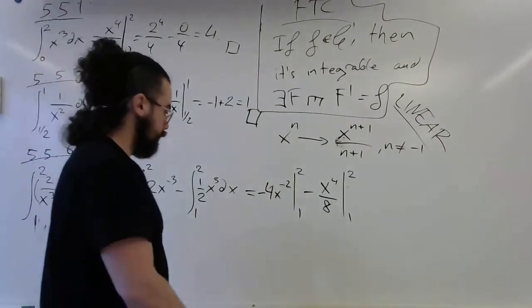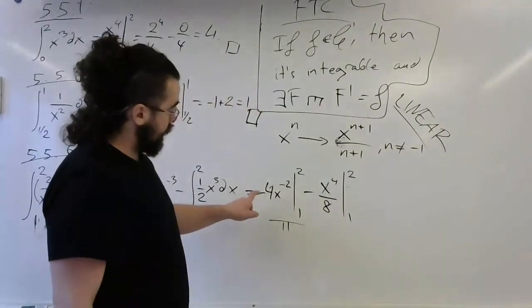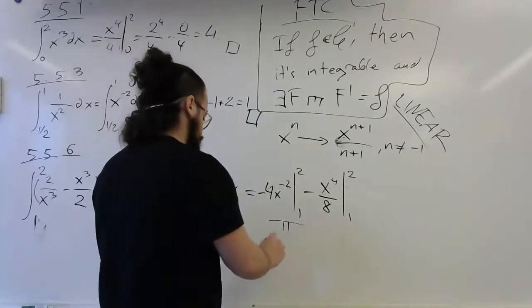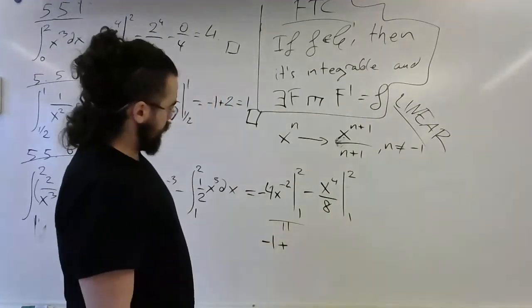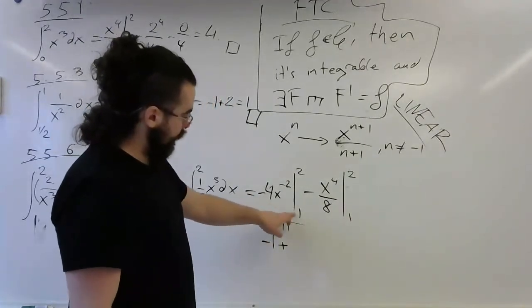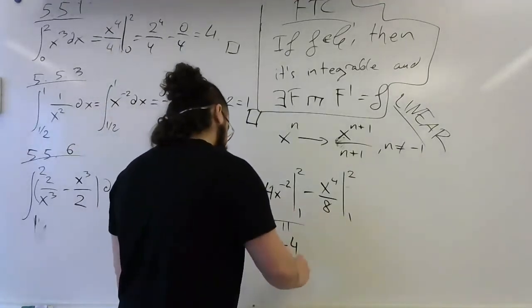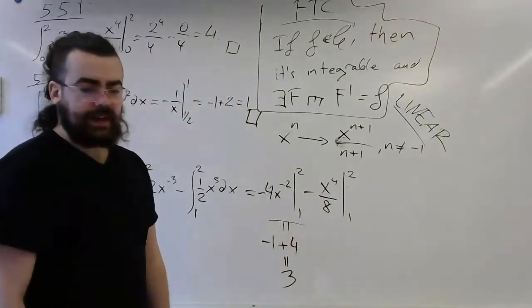Now, this is minus 4 over 4. And this is minus 4 over 1. So this part of the integral is 3.